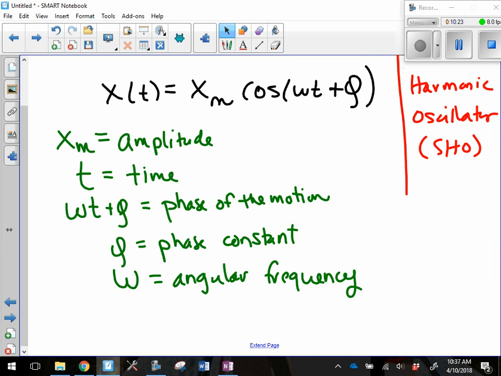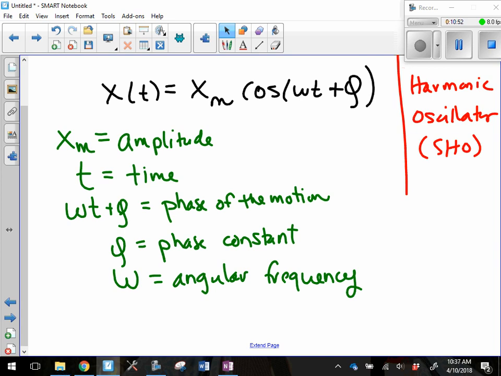Yes? Okay. But what if positive is still up, and what I do instead is I stretch it down? Now what's its position at t equals 0? Negative xm. Now I can't let phi be equal to 0 because the cosine of 0 is 1, but I need this to be negative 1 when t is equal to 0.